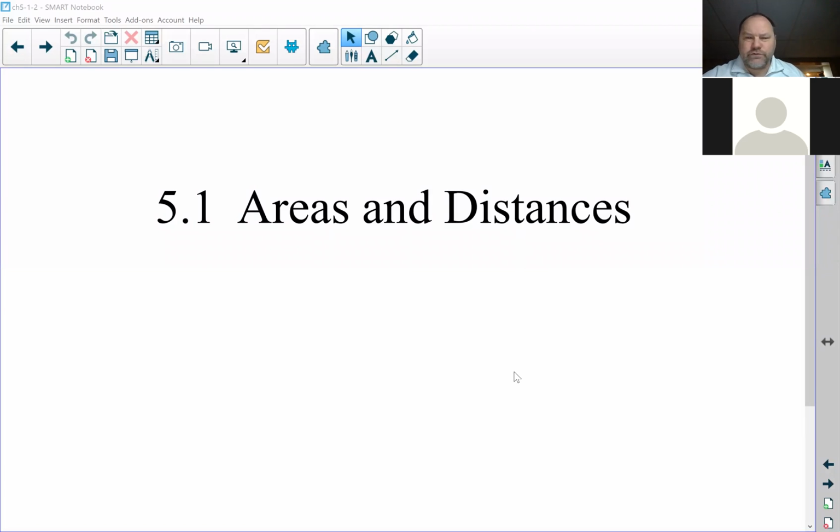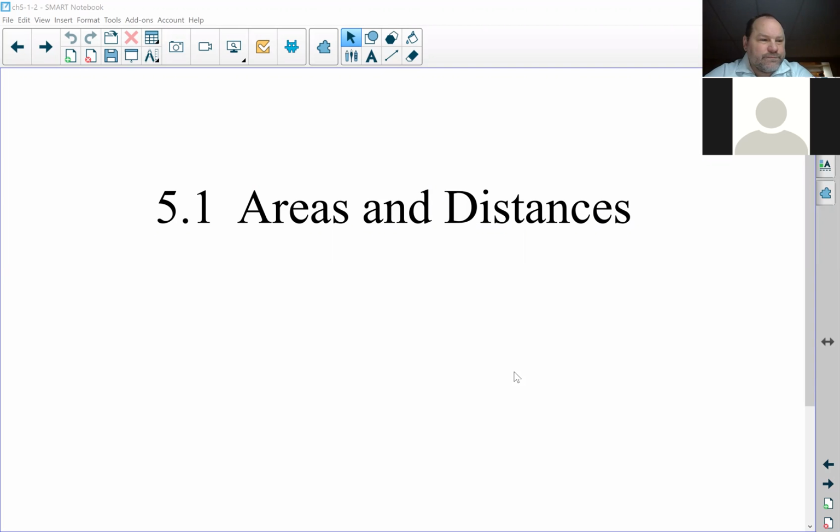All right, we've got two really short lessons today. So if you looked at Tuesday's lesson, we took a function or a graph, and we estimated the area between the graph and the x-axis.